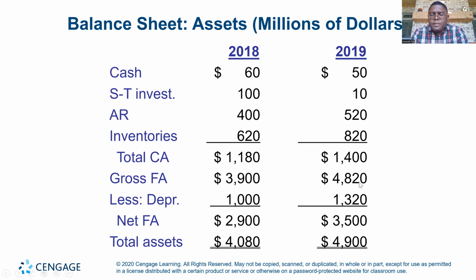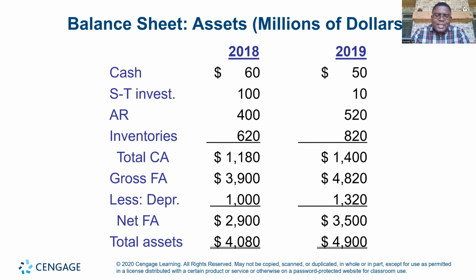We have the gross fixed asset. Again, we are at 2019. So the gross fixed asset is 4,820,000. We subtract depreciation of 1,320,000. So that gives us our net asset of 3,500 million. So if we take our total current asset plus the fixed asset, that gives us our total asset.